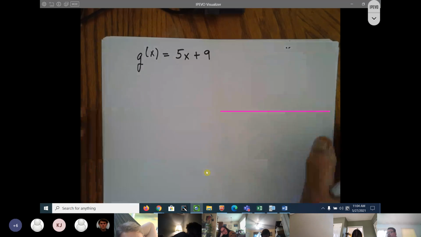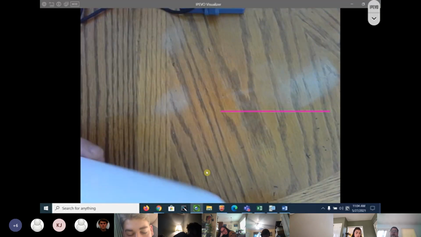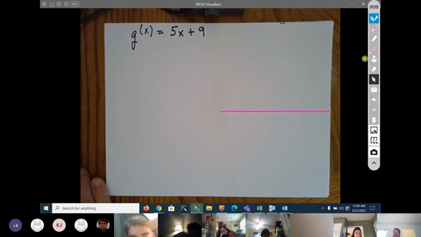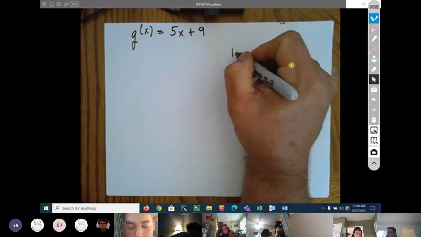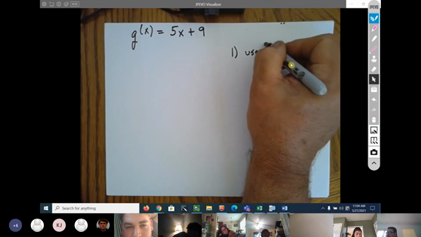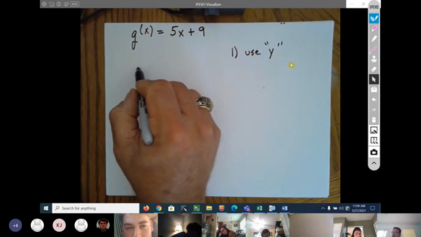And this is the way you do it. I don't care if you're in trig. I don't care if you're in calculus. I don't care if you're in Math 101. If you want to find the inverse function, this is what you do. First thing you do is you use y. So instead of g(x), I'm going to write that as y.